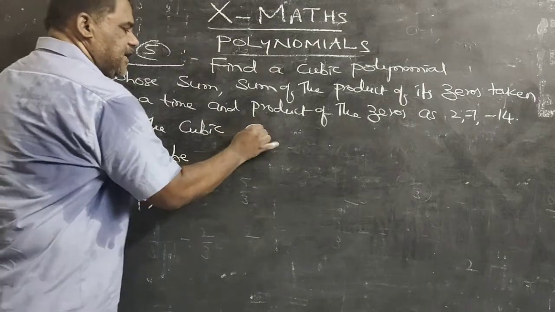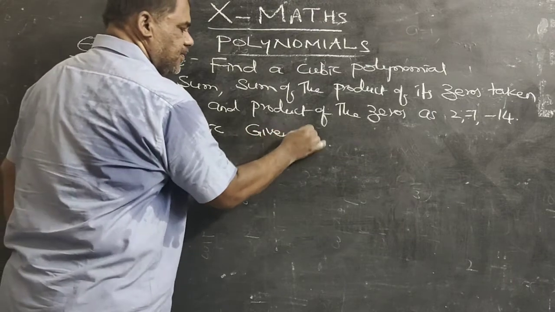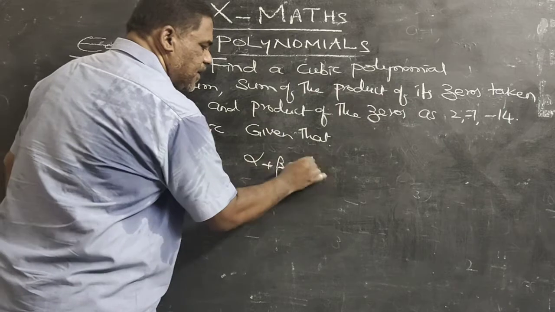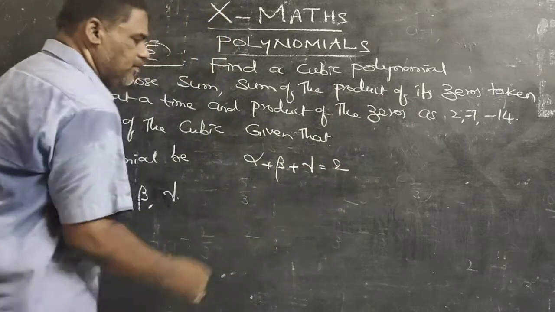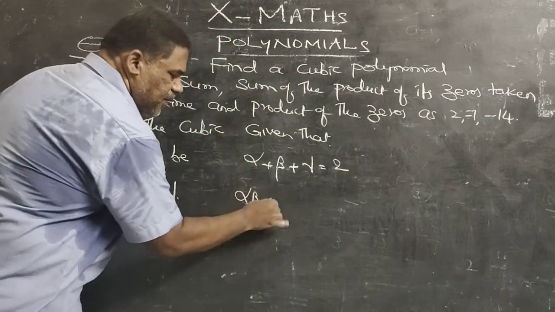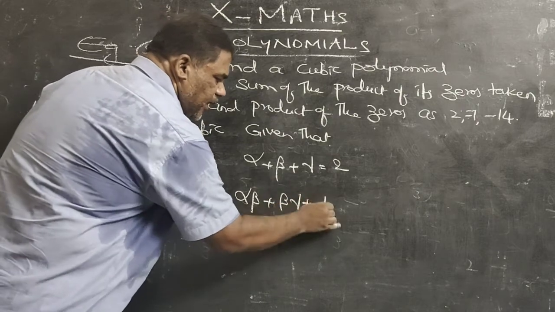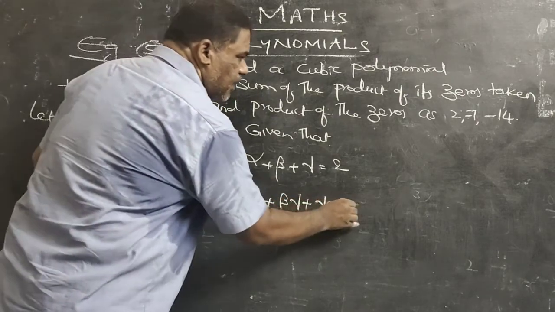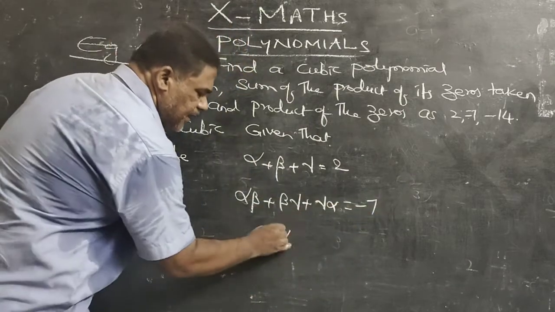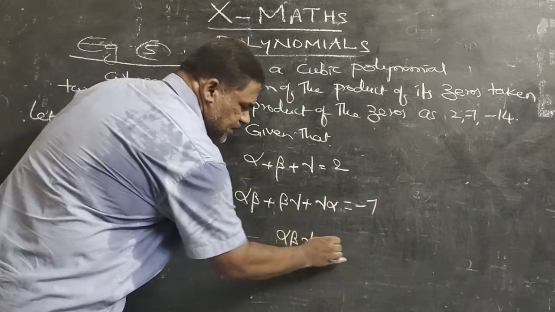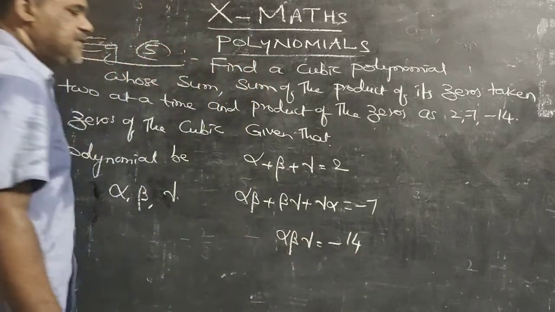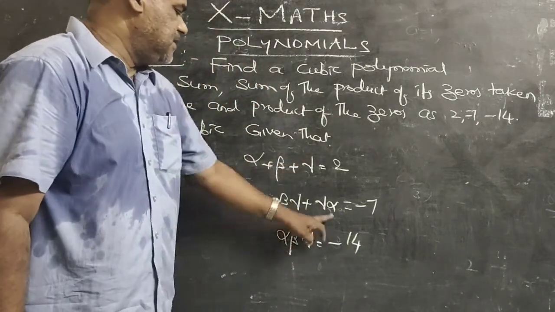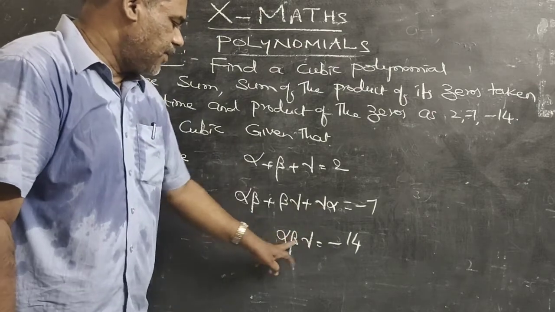Now the conditions given are: sum of the zeros, alpha plus beta plus gamma, is 2. Sum of the product of the zeros taken 2 at a time, that is alpha beta plus beta gamma plus gamma alpha, is minus 7. Next, product of the zeros is minus 14. These are the three given conditions.